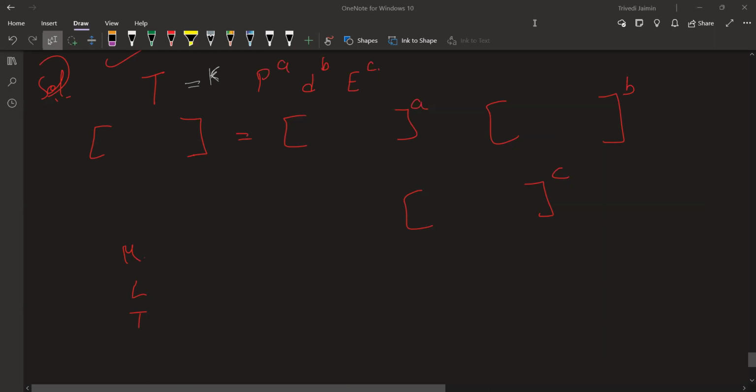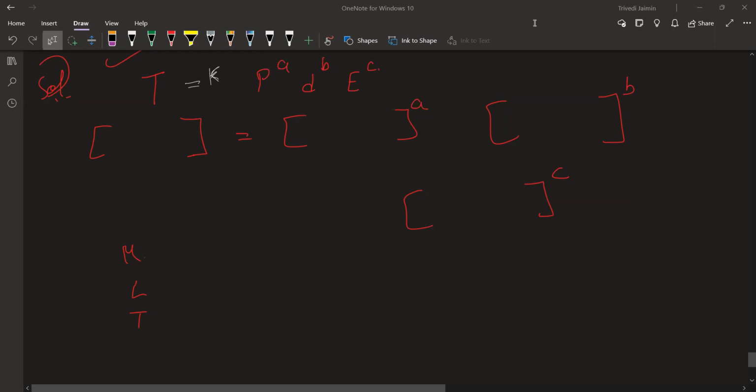So those A, B, C terms of M should equal 0, those of L should equal 0, and those of T should equal 1.